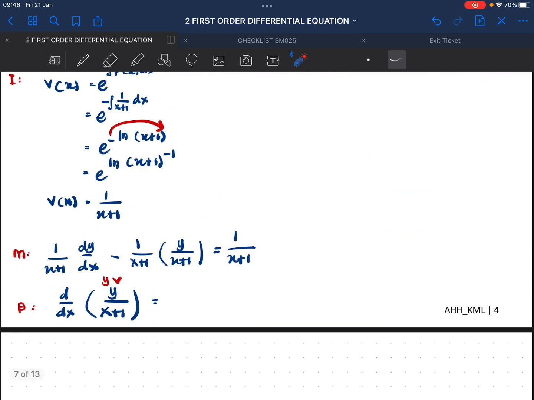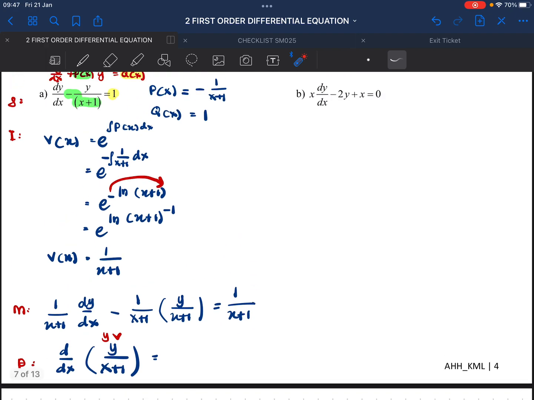It's actually from here. Kat sini tadi kita dah buat kan, q kita, q is here. This is your q, q of x, which is 1 dekat situ. Kita multiply dengan kita punya integrating factor, which is we got this. So tak perlu fikir, daripada sini salin je balik pergi bawah. 1 over x plus 1. Okay, so that is your step for product rule.